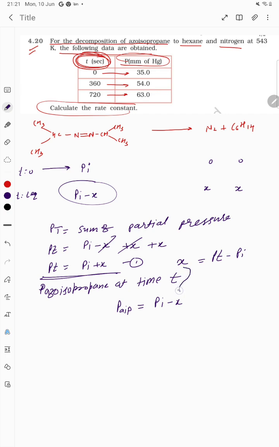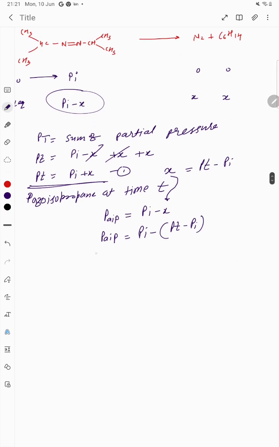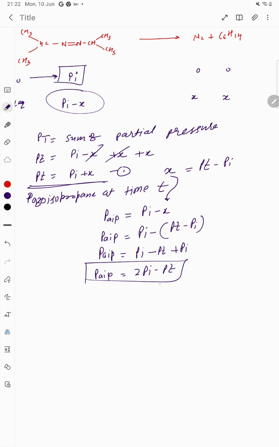Putting this value here, P azoisopropane is equal to Pi minus (Pt minus Pi). If you solve this, P azoisopropane is equal to 2Pi minus Pt.